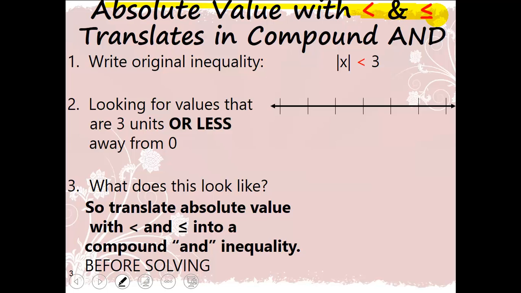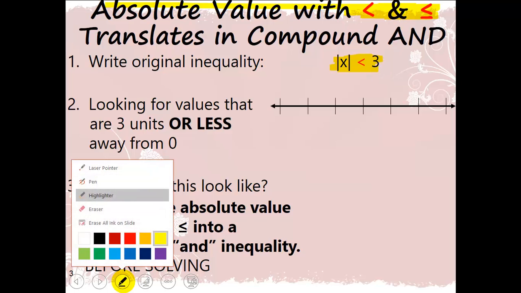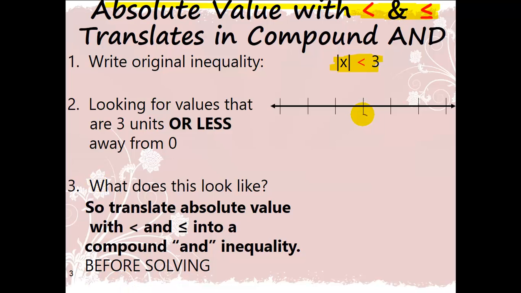So let's start with this simple example. Absolute value of x is less than 3. Let's graph it and see if we can see which graph it represents. If this is 0, and I count 3 spaces to the right, I'm at 3. If I count 3 spaces to the left, I'm at -3.